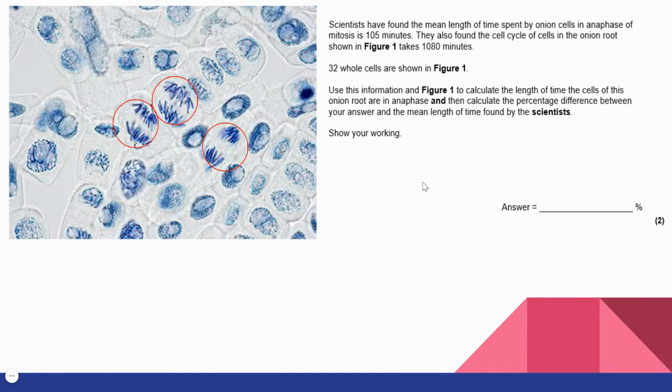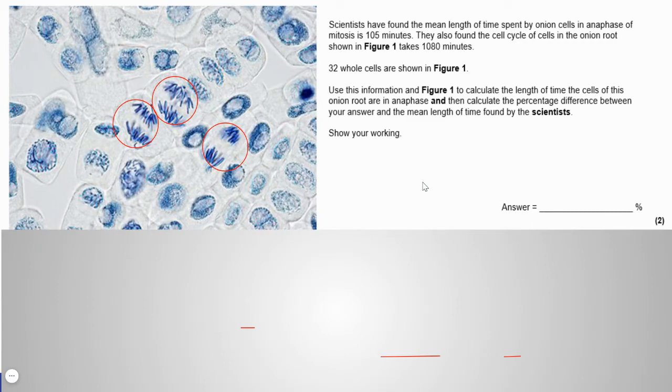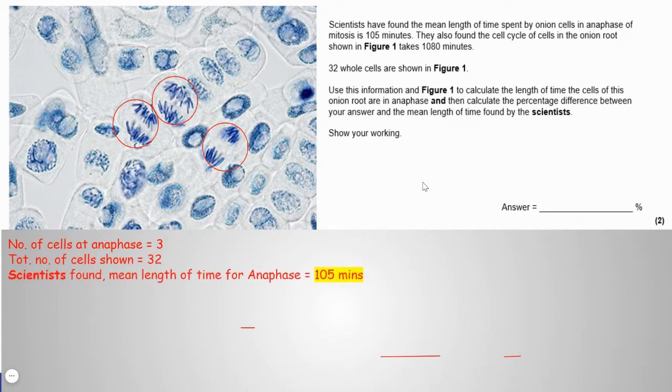Now total, they have mentioned that there are 32 whole cells snapped in this photograph. Out of 32, we found 3 cells at anaphase. So how will you show your working to first calculate your own anaphase time spent by these onion cells? We found 3 cells at anaphase, total cells are 32.